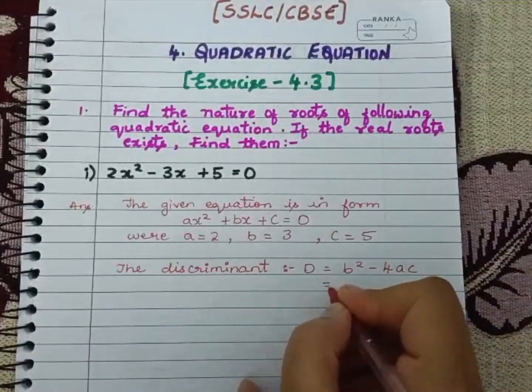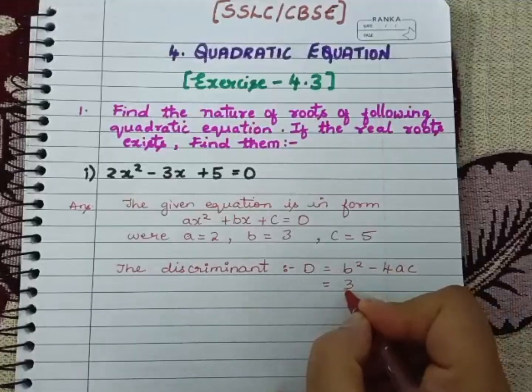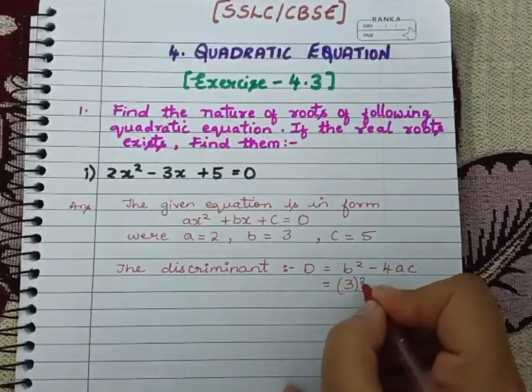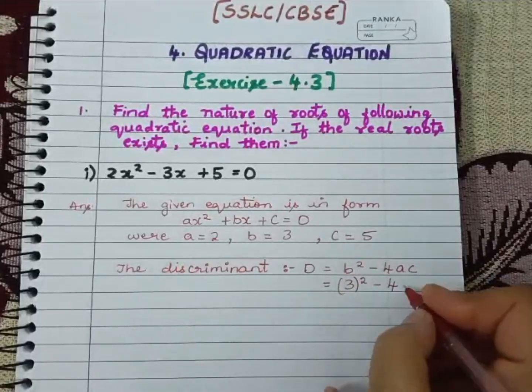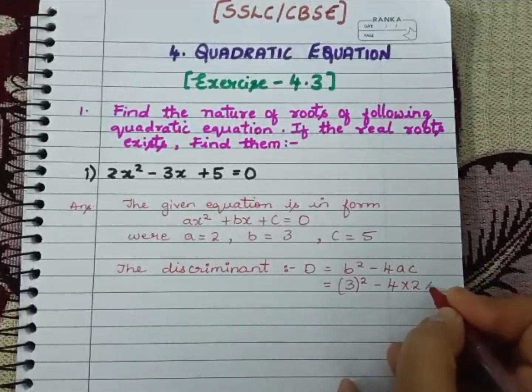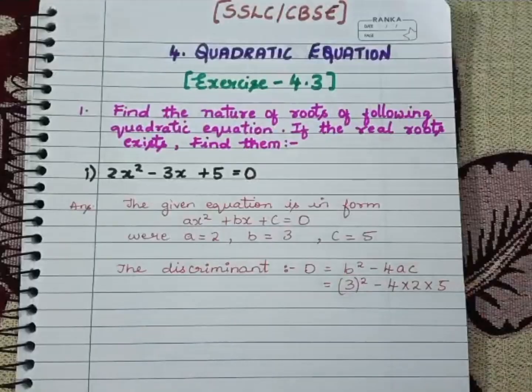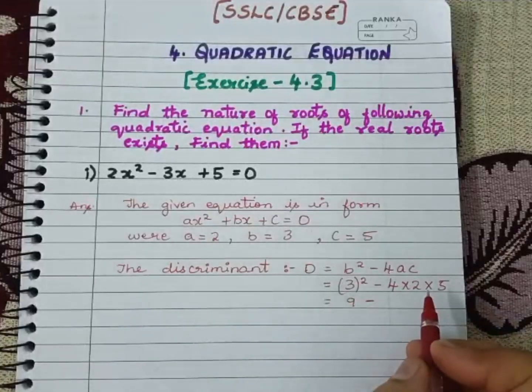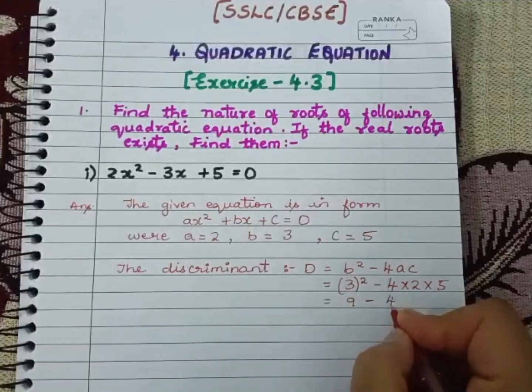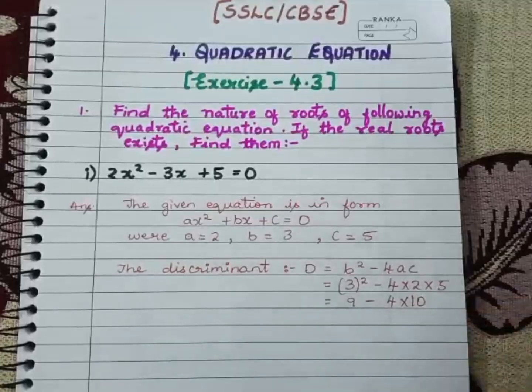Now the b value is 3, so it becomes 3 square minus 4, and a value is 2 and c value is 5. Now 3 3s are 9 minus 4 into 2 5s are 10.